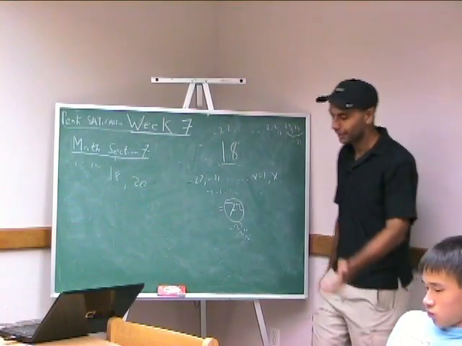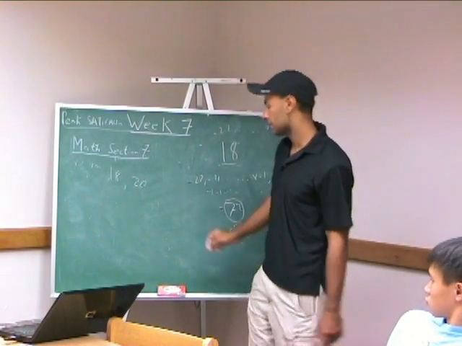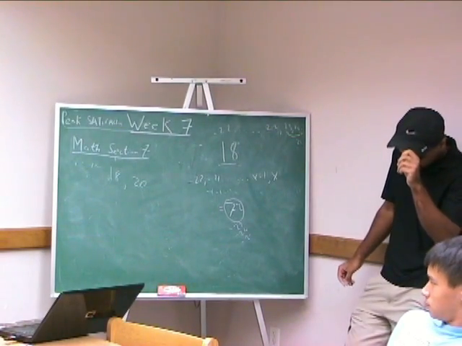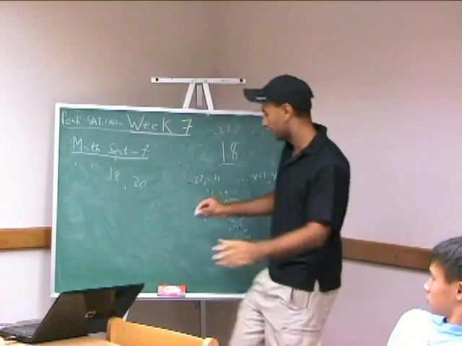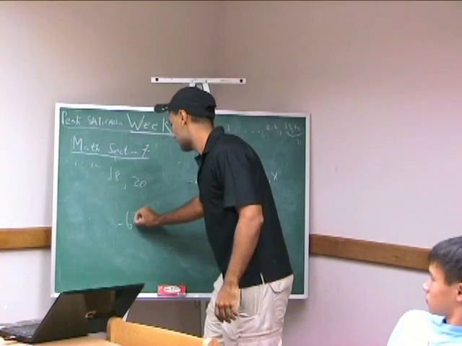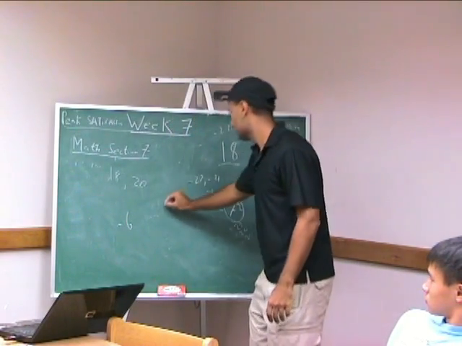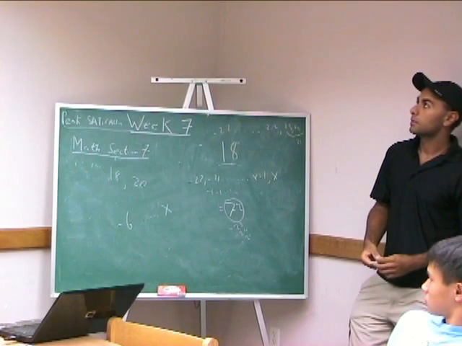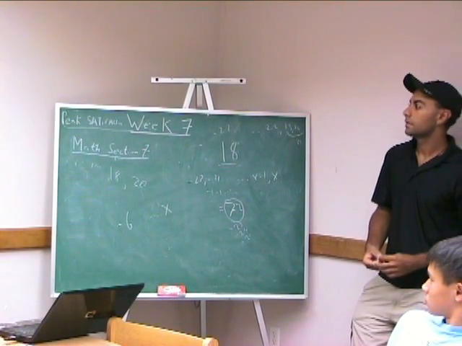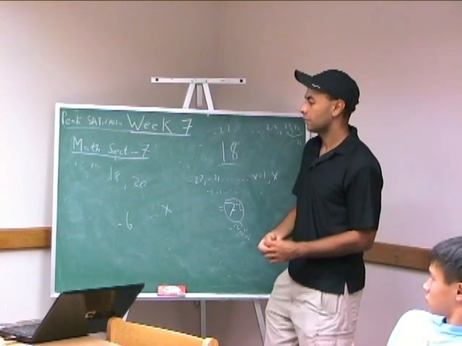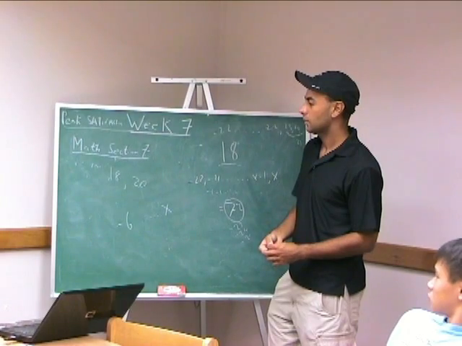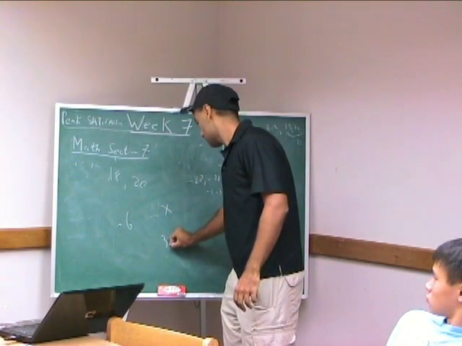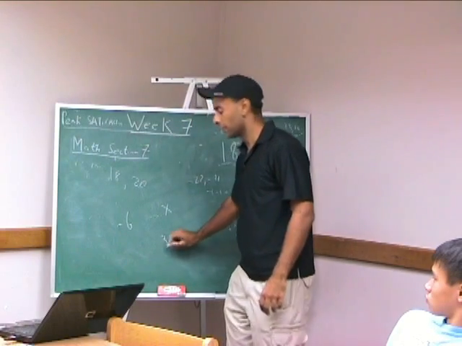The SAT won't give you one like this, but let me just tell you, if the sum of them all is, let me make it a little easier, from negative 6 to x, and the sum is 34.